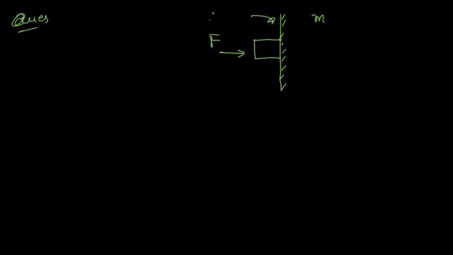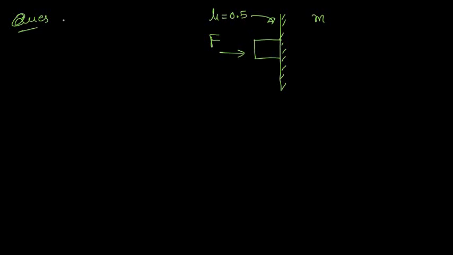So let us discuss one more problem here. So this is a question. Suppose there is one wall and there is a block. Its mass is m, and a force F is applied on this block, and the coefficient of friction is, let's say, 0.5.